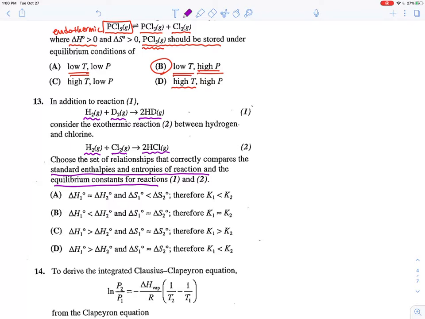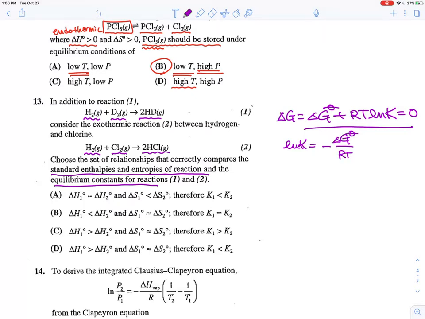So one other thing you can relate is, remember, delta G is delta G naught plus RT ln K, and at equilibrium it is 0. So therefore, I would say ln K is minus delta G naught over RT. Okay.